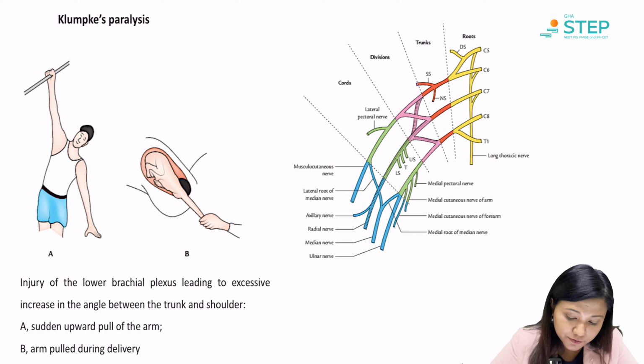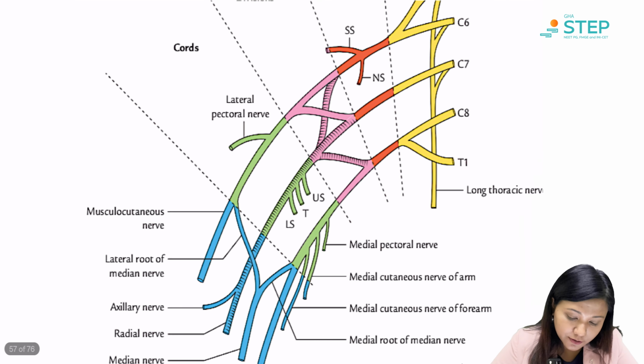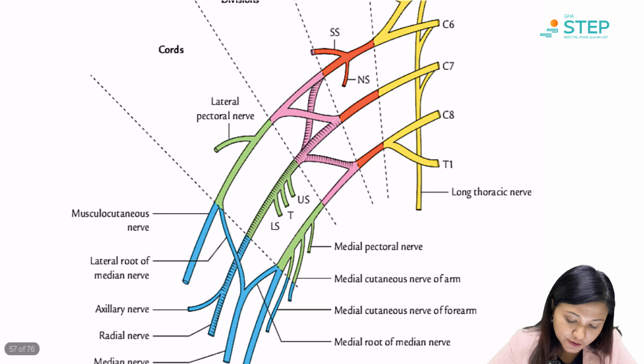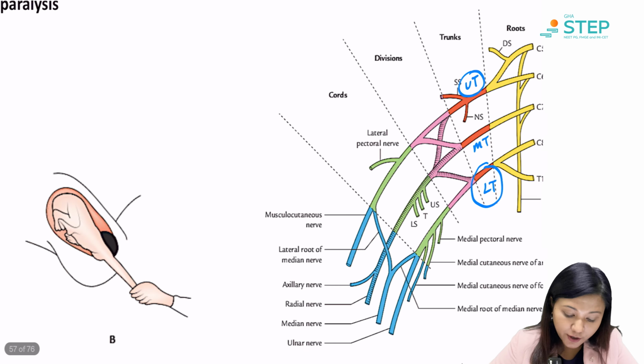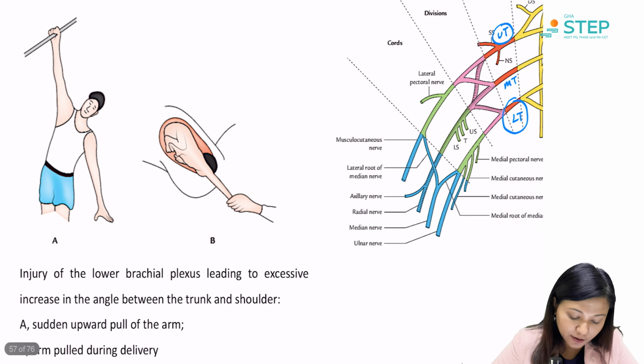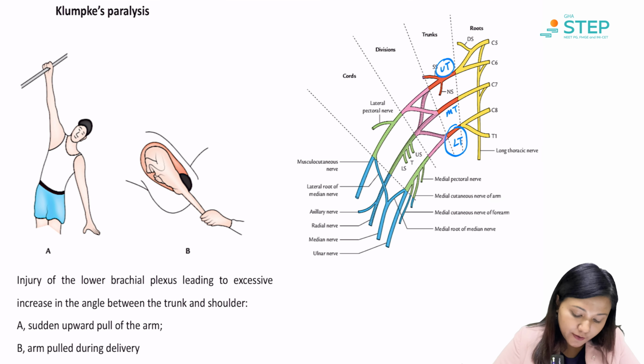Klumpke's paralysis, you know that it is mostly due to injury of the, as you know, this is the lower trunk, this is the middle trunk, and this is the upper trunk. So injury to the upper trunk will lead to Erb's palsy at Erb's point. Injury to the lower trunk will lead to a condition known as Klumpke's paralysis. So you will have claw hand and Horner's syndrome. So how does this paralysis occur?